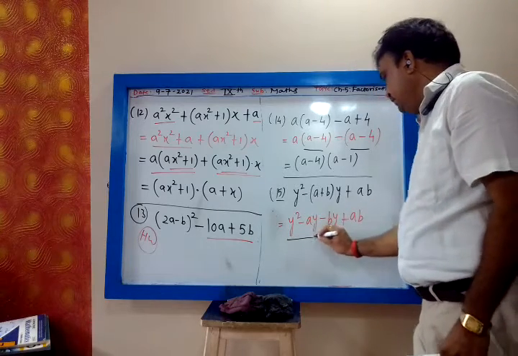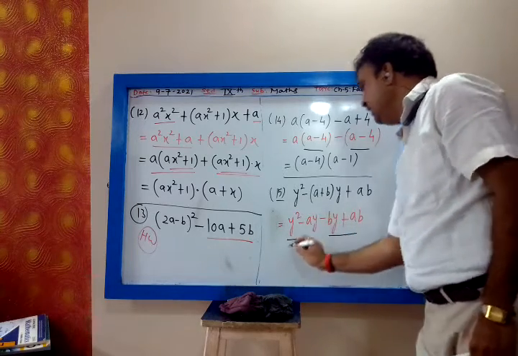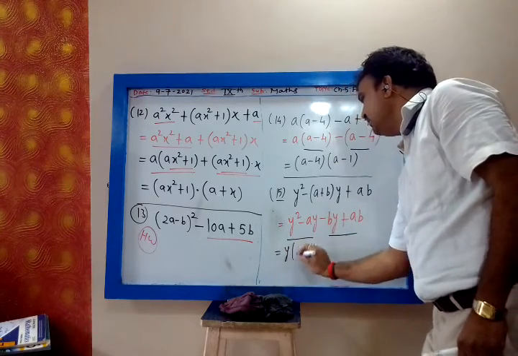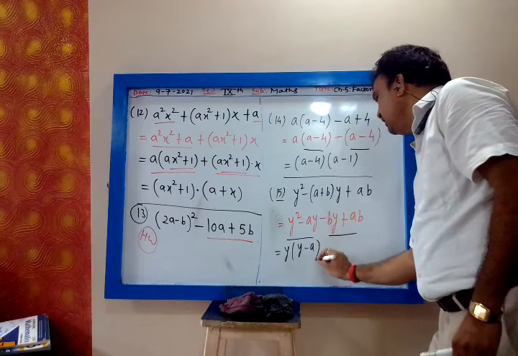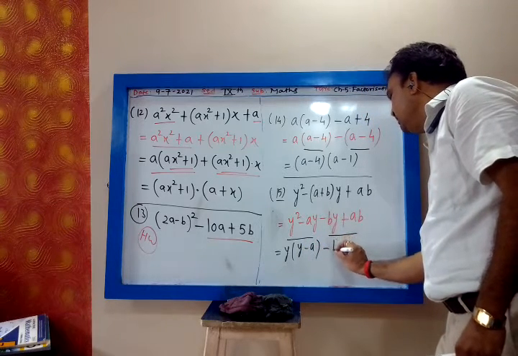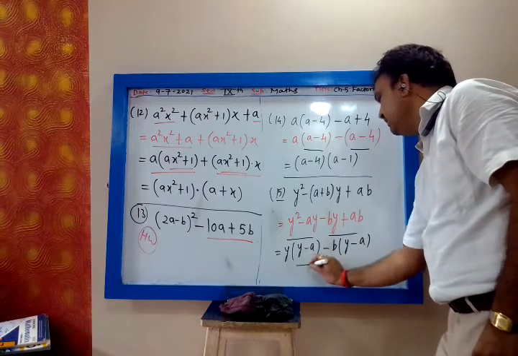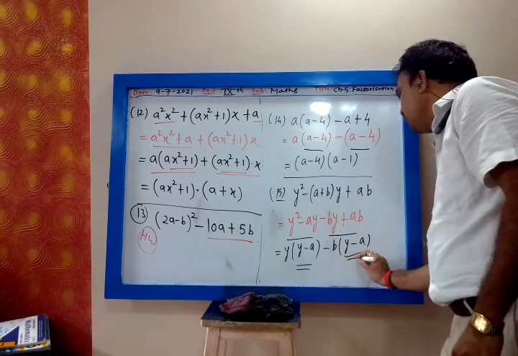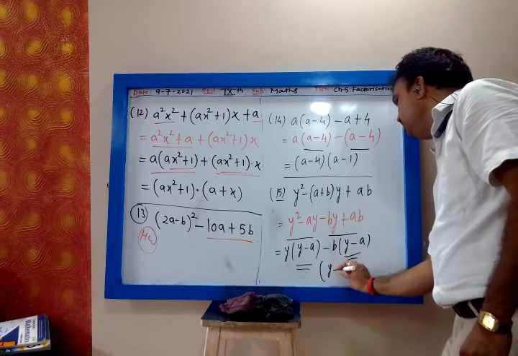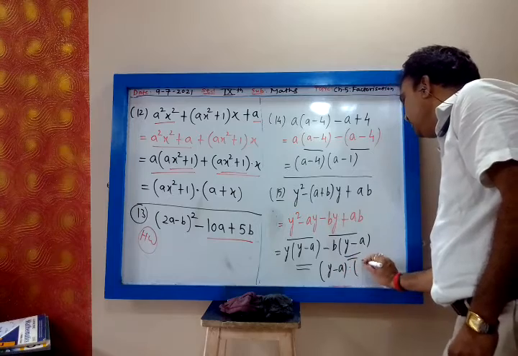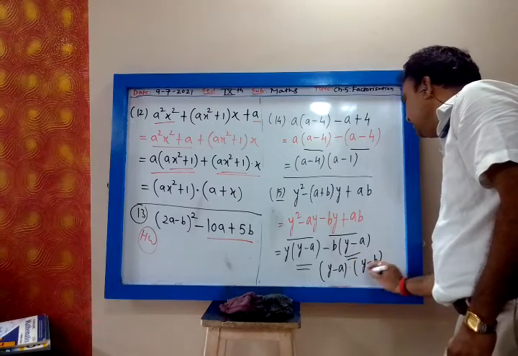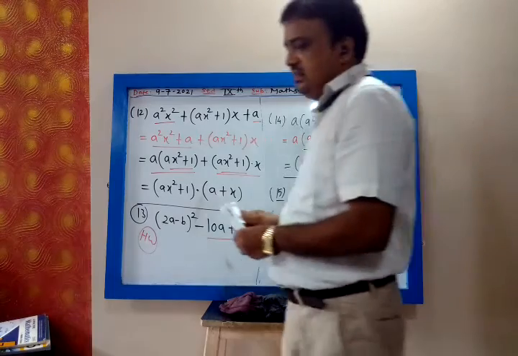Now let us take these two together, y will be common, so it is y minus a. In this, minus b is common, so it is y minus a. y minus a is common, so the answer is y minus a into y minus b. This is the answer.